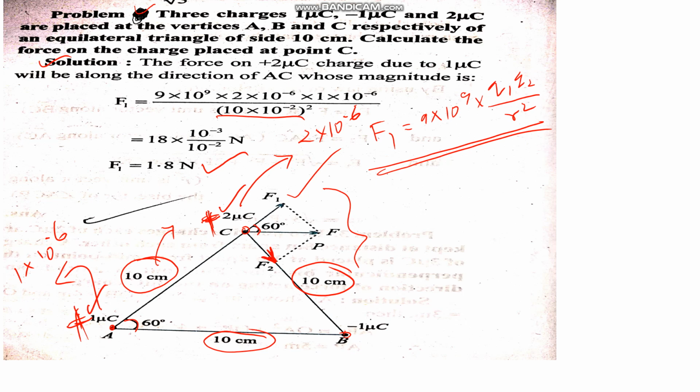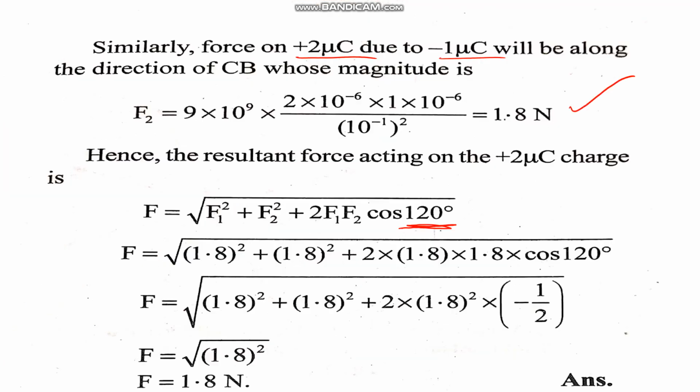As this is an equilateral triangle, all angles are 60 degree. That means this also is 60 degree. So the total angle here is 120 degree. So you have to put the value of theta as 120 degree.